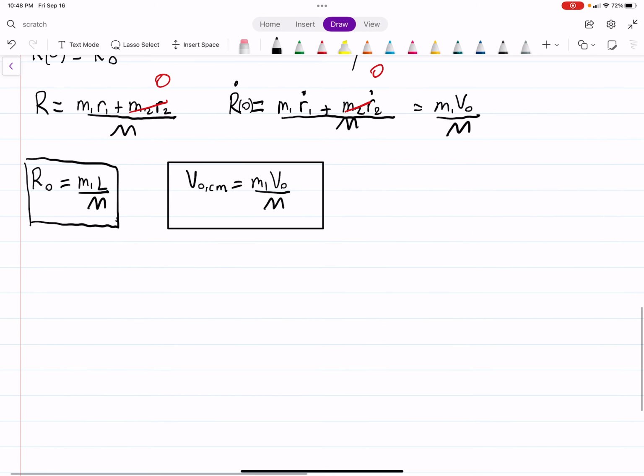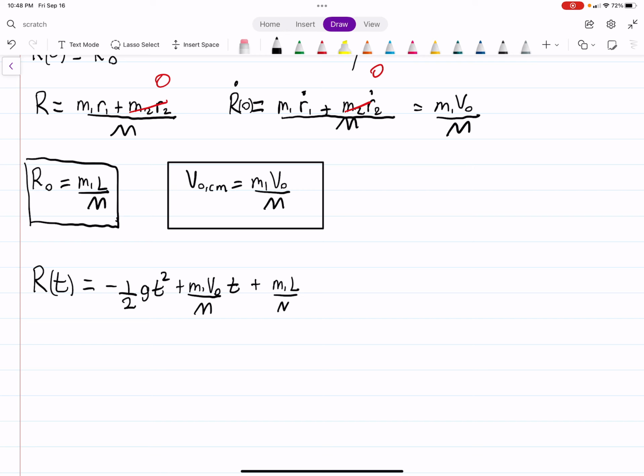So now we're going to put all this into a final equation: R of t equals minus 1/2 gt squared plus m1 v naught over big M t plus m1 L over big M.